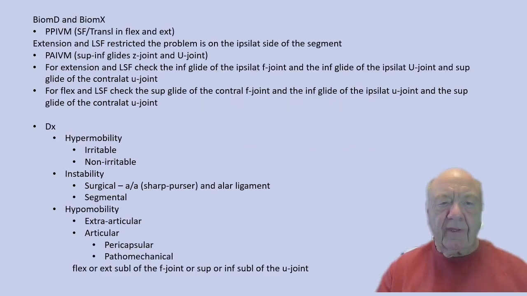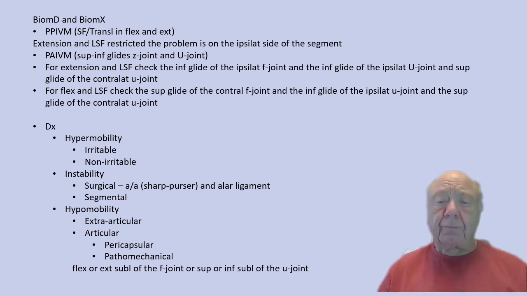Okay, so let's have a look at the biomechanical exam of the neck. The PPIVM was side flexion, translation, inflection, and extension. Neutral is a bit insignificant and trivial. You really don't have to worry about that too much. So in extension and left side flexion, if that's restricted, the problem is on the ipsilateral side of the segment to the side flexion.